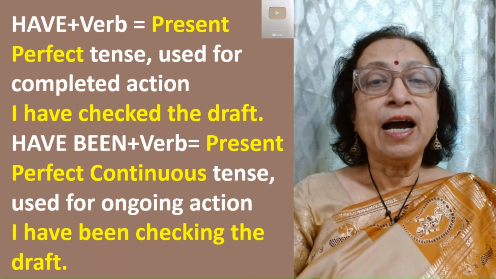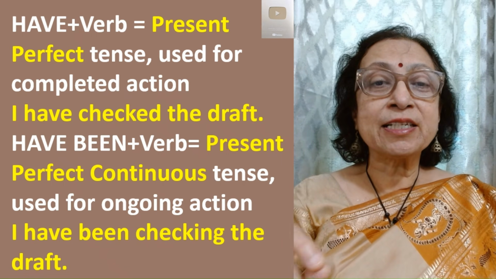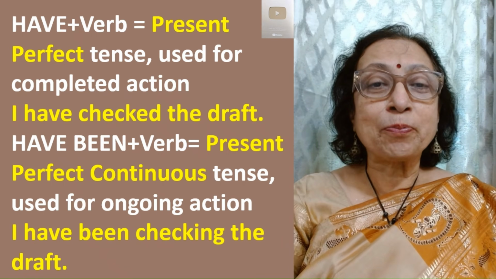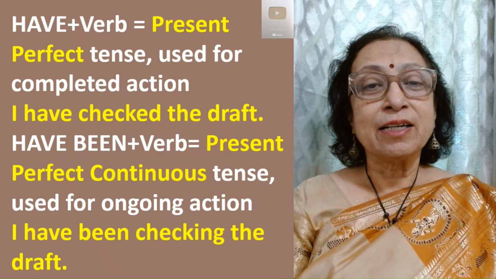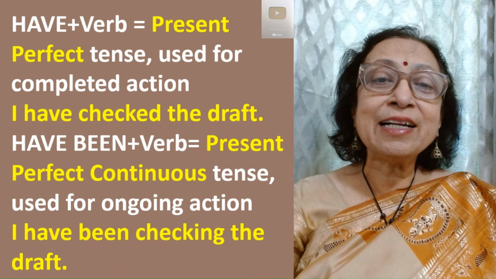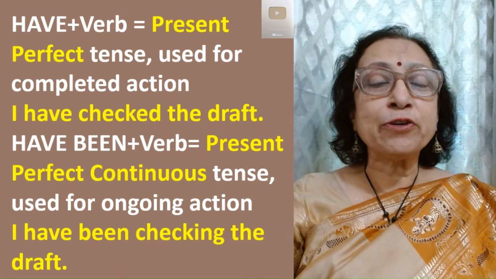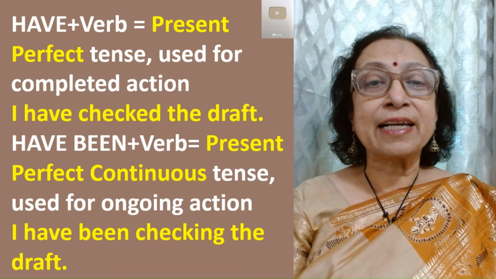So you say, I have been checking the draft, which means that you are in the process of doing it and you haven't completed it, but you are likely to complete it in the future. That point of completion is indicated.